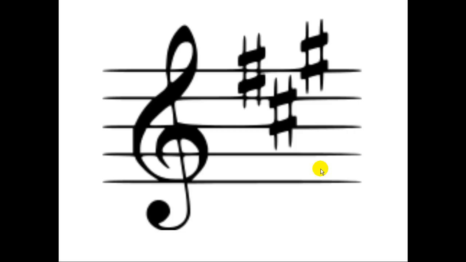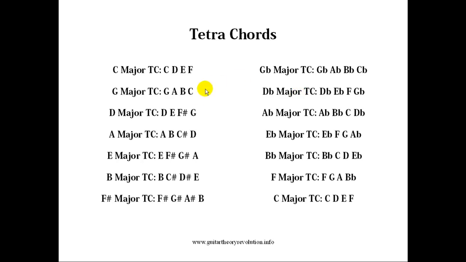So when you're starting to learn to read standard music notation and you see something like this, this is the treble clef, and here you can see there are 3 sharps. So what key signature is that in? Let's go back. Well, it's A major.